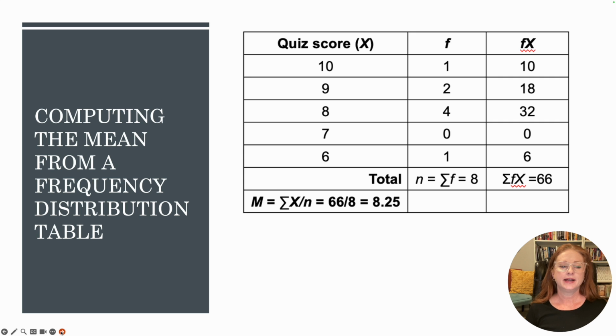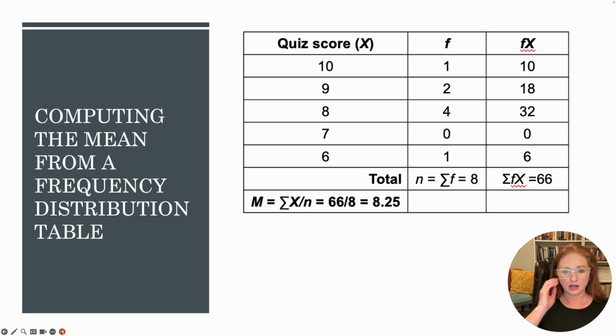Okay, so I'm trying to compute the mean from the frequency distribution table. Up until now, we're just doing everything we did last lecture, and we're adding one more step in this lecture. Remember, a couple slides ago I gave you the equation to find the mean: the mean equals sum of x divided by n.